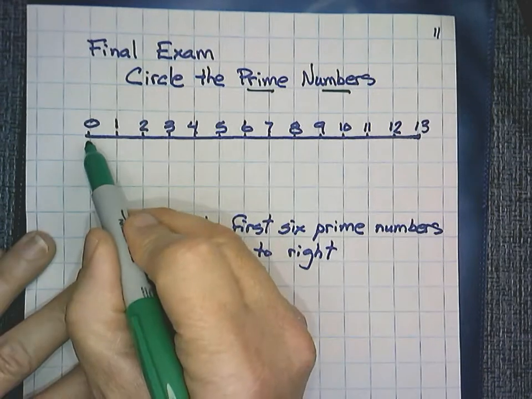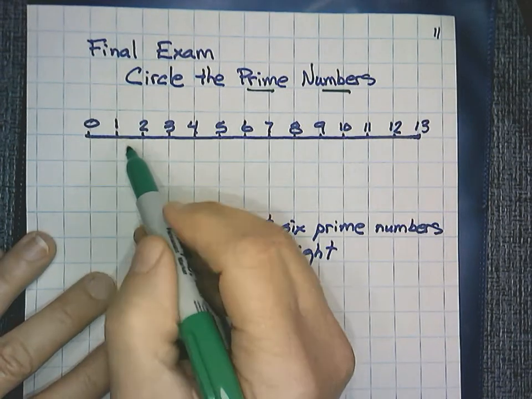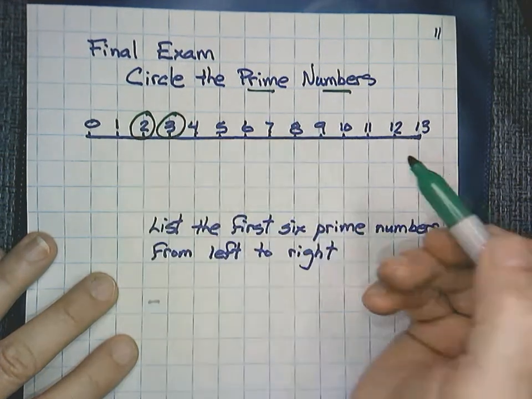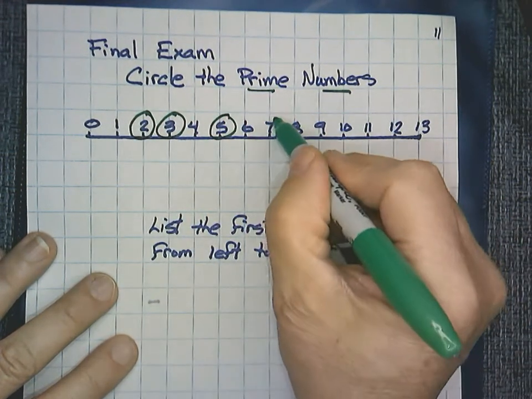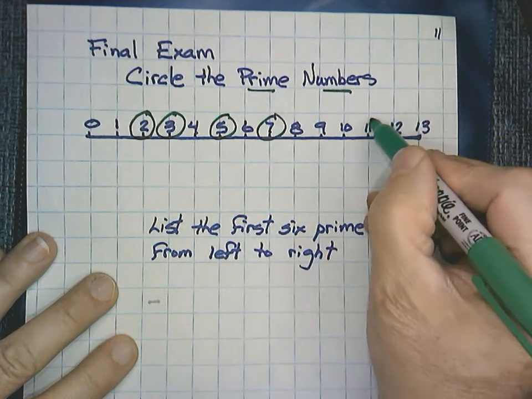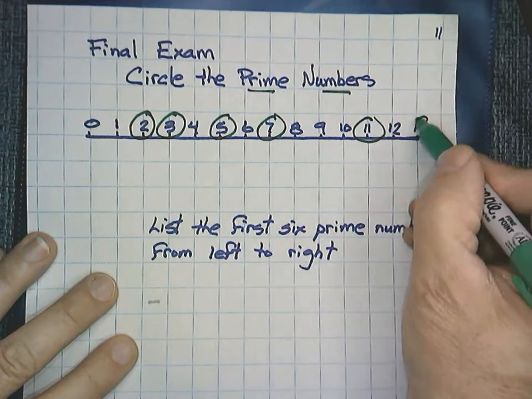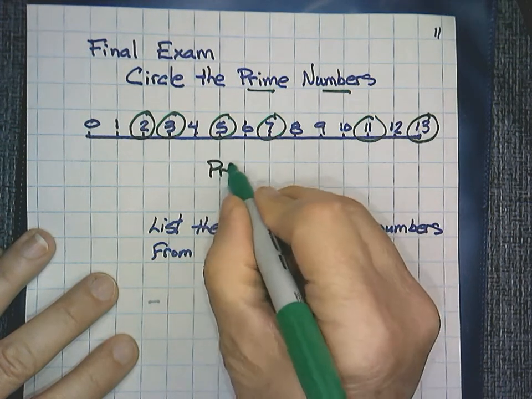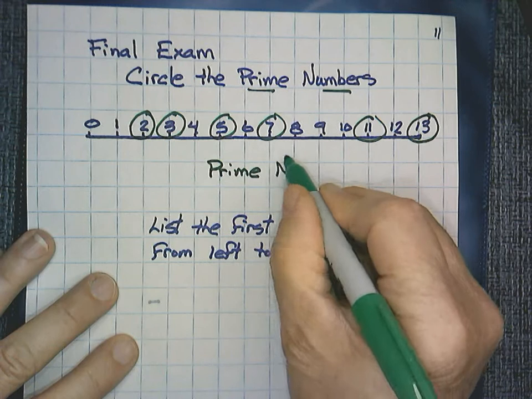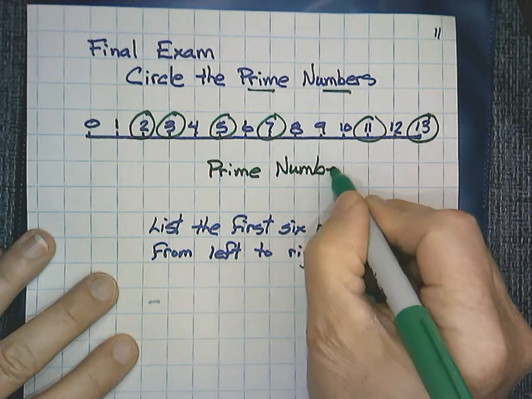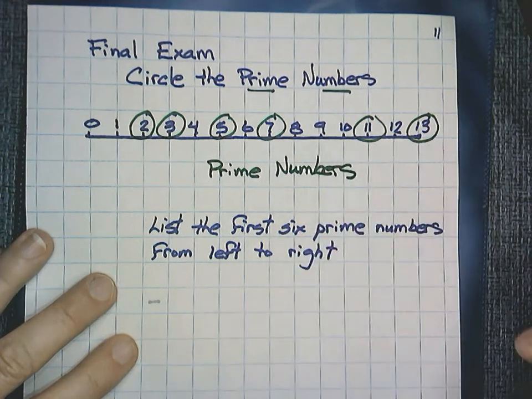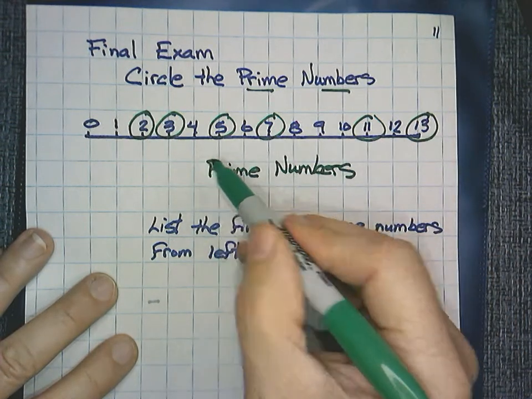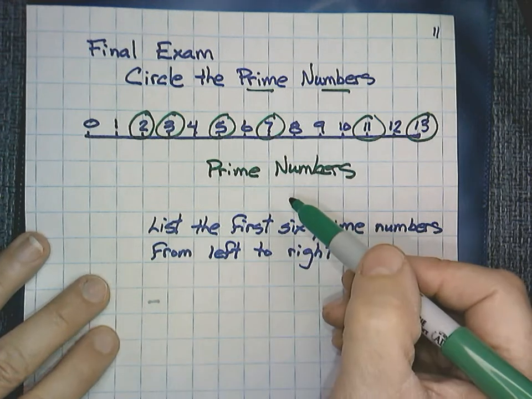I know it's not 0 or 1 because that's neither prime or composite, but my prime numbers are 2, 3, 5, 7, 11, and 13. All of those are called prime numbers. Why? Because all of those numbers have only 2 factors, and we showed that on the previous pages.